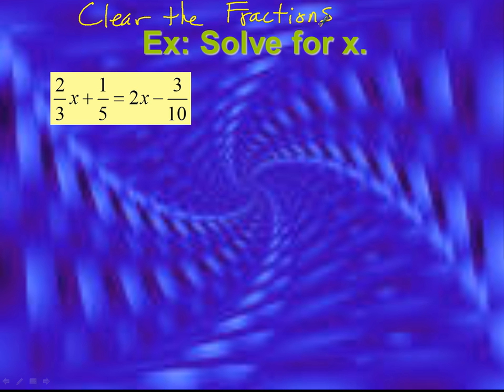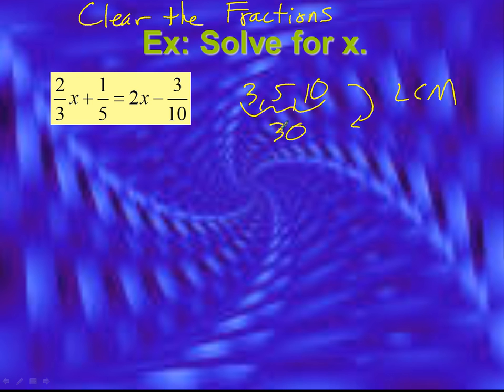So what are the denominators? 3, 5, and 10, and we want to find the least common multiple of all those numbers, meaning the smallest number they all divide into equally. 30, right? 30 would be that number, the smallest number they all divide into evenly.